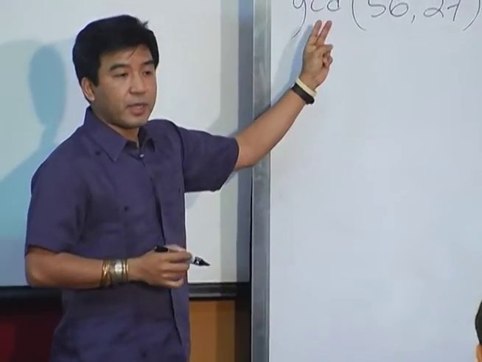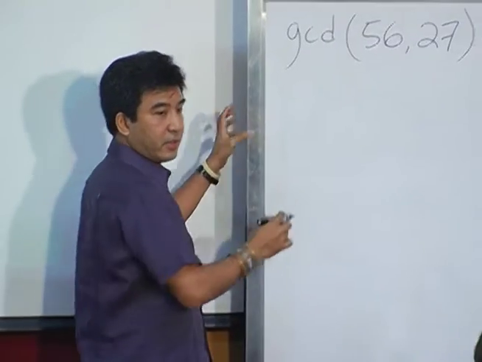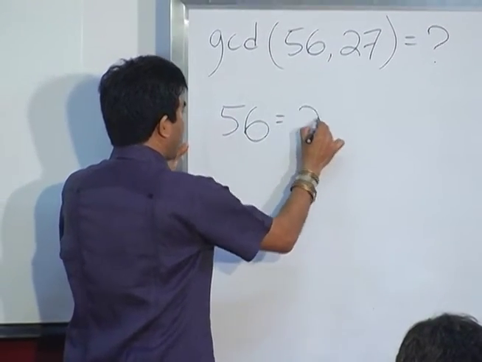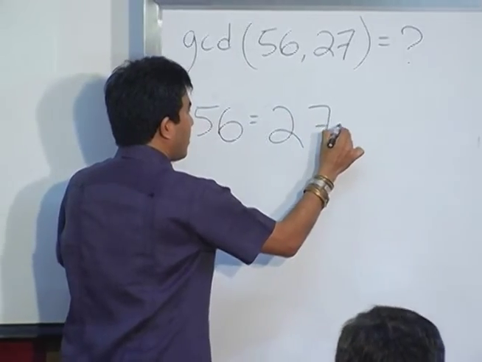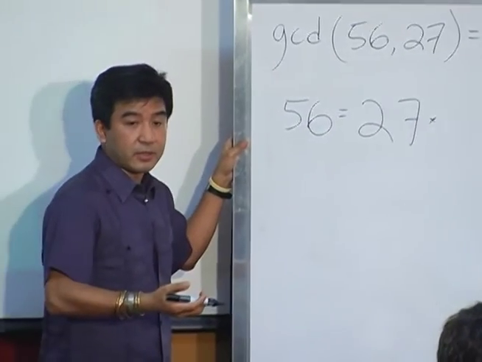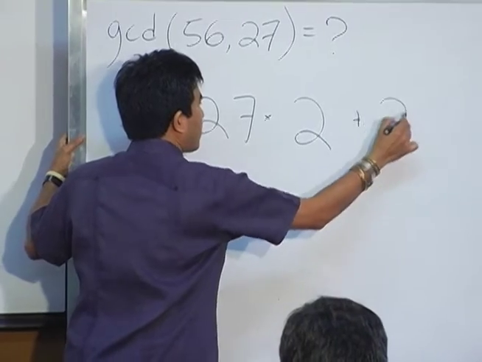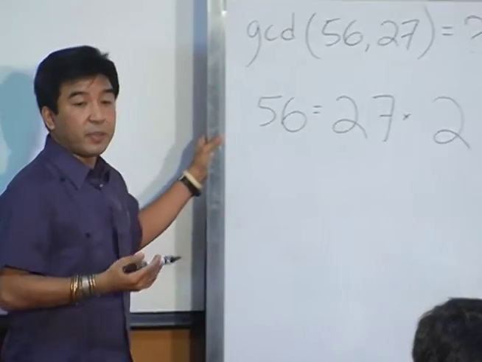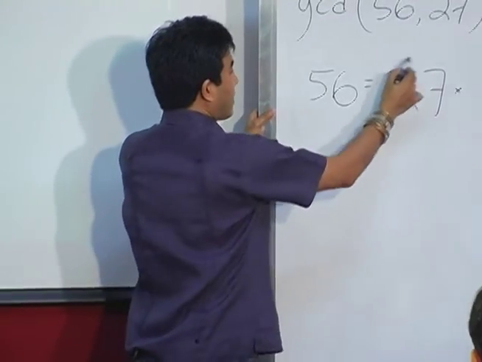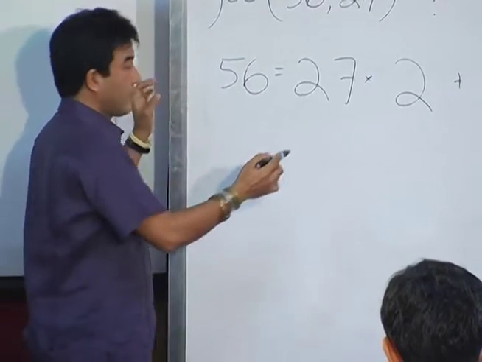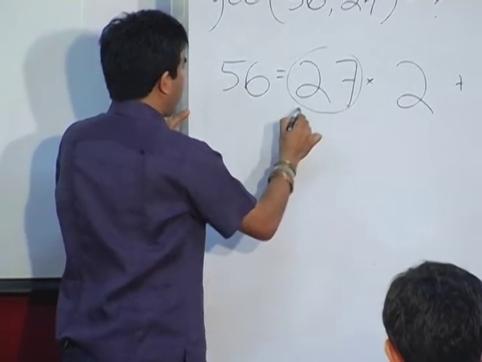We divide the bigger number by the smaller number: 56 divided by 27. We should get a quotient and a remainder. That's 2, remainder 2. Now we repeat it, but this time the divisor will become our dividend. I shall bring this down.